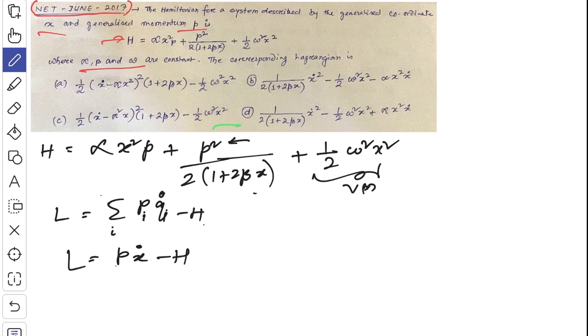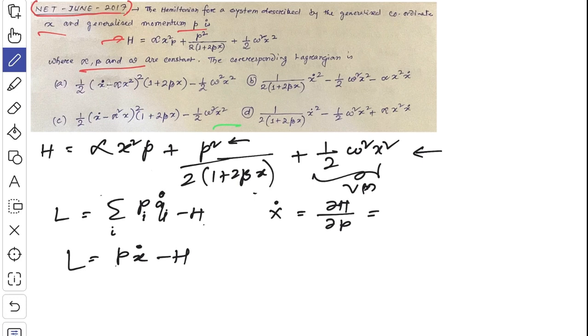So now let us find p and x dot from this relation. We know x dot is given by Hamilton's equation of motion: x dot is equal to del H by del p.